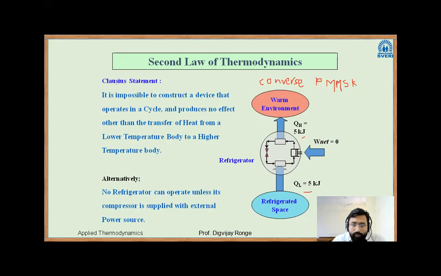Draw the diagram also. This diagram is the converse of PMM-SK, and the Clausius statement says that the converse of PMM-SK is not possible. That is, we need some external work in order to transfer heat from low temperature to high temperature.